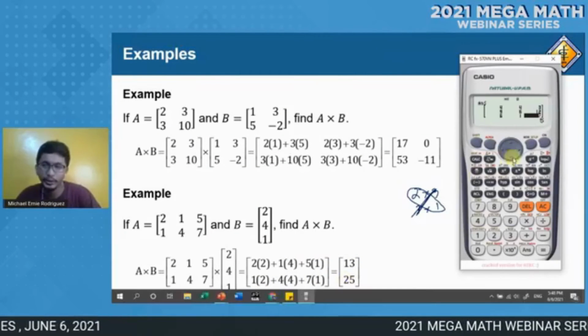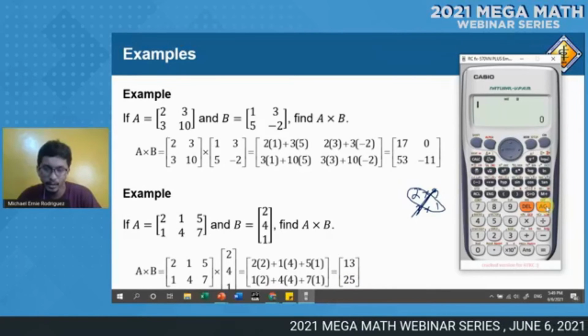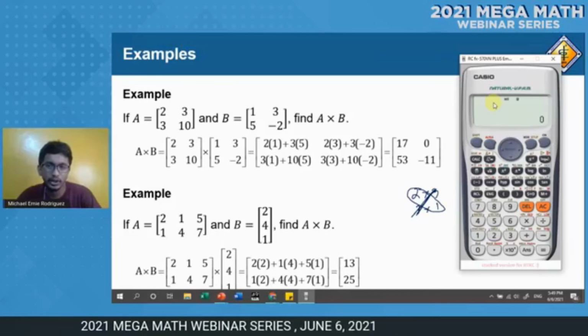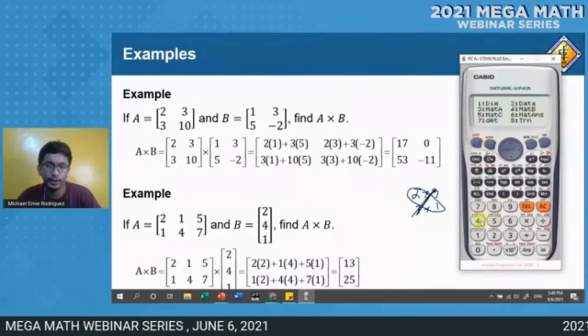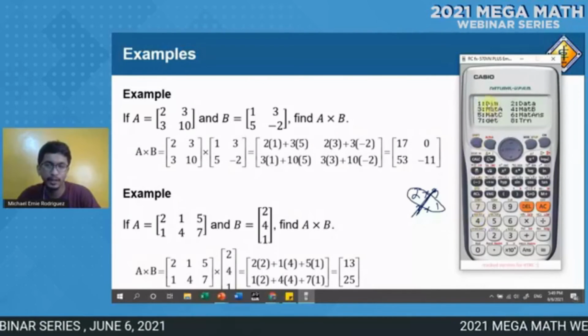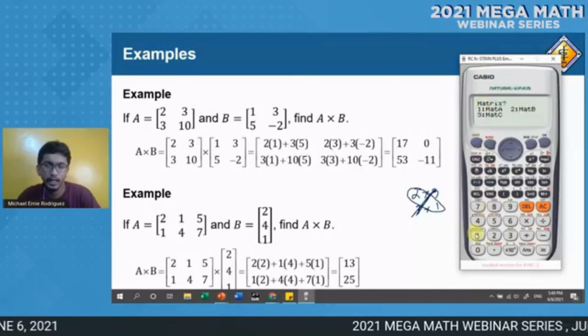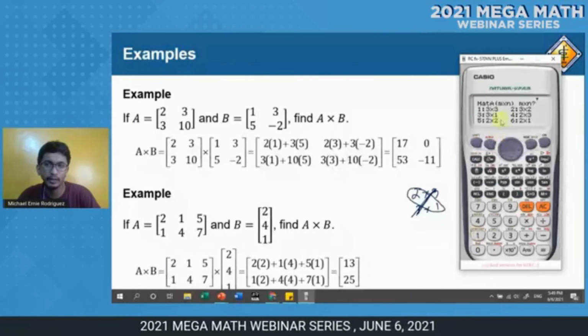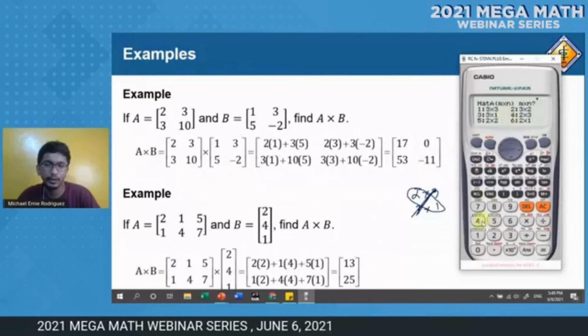So input natin sa calculator. May na-input na tayo kanina, di ba? I-edit lang natin yon. So shift matrix 4 and then use dim, itong number 1. So we have matrix A and then specify the size. So we have 2 by 3, number 4.